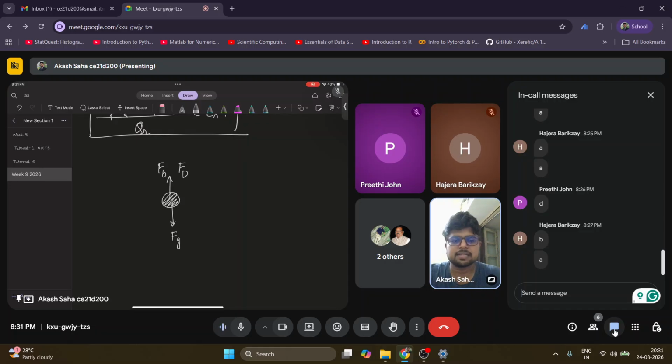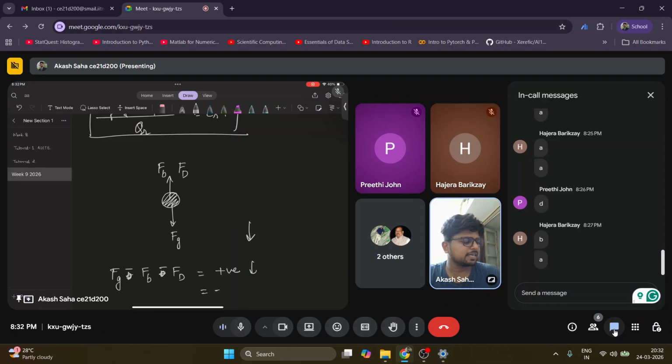So if I equate all this, suppose force of gravity plus force of buoyancy plus force of drag, but these will be in opposite directions, so I am putting minus. Ultimately, if I get a positive value, that means the particle is going down.